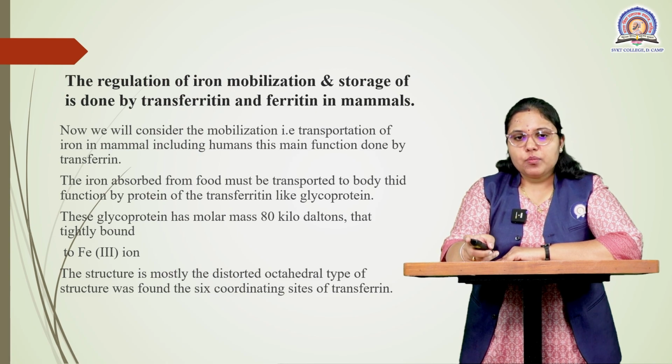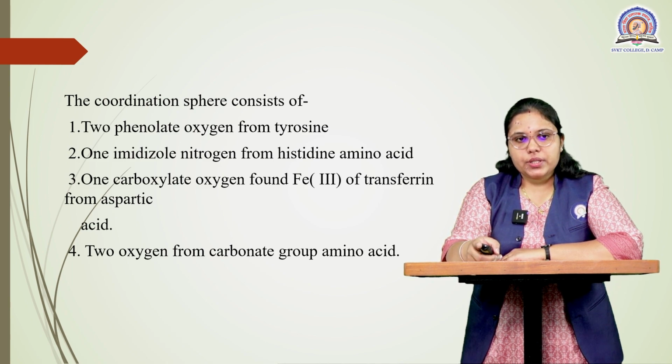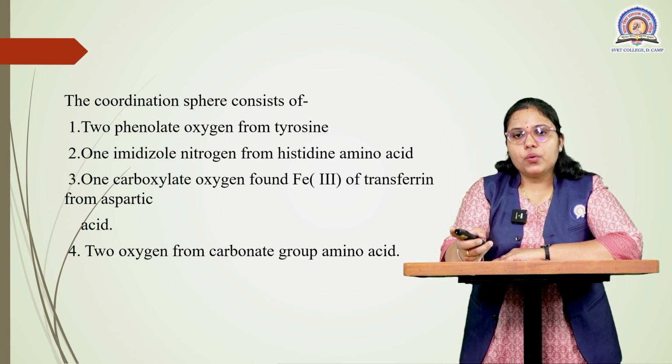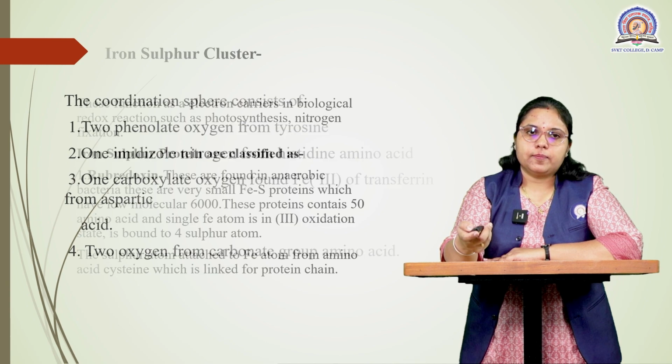The structure is mostly a distorted octahedral type with 6 coordinating sites. The coordination sphere consists of 2 phenolate oxygen from tyrosine, 1 imidazole nitrogen from histidine amino acid, 1 carboxylate oxygen from aspartic acid, and 2 oxygen from the carbonate group.